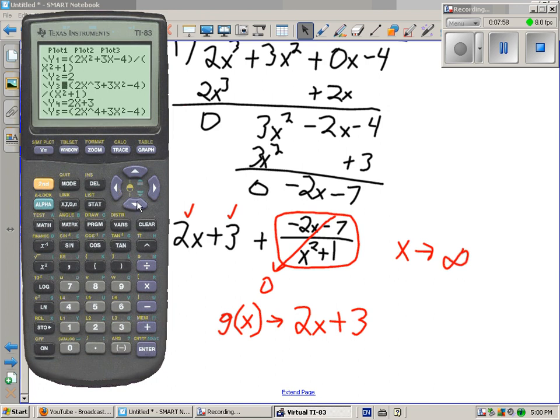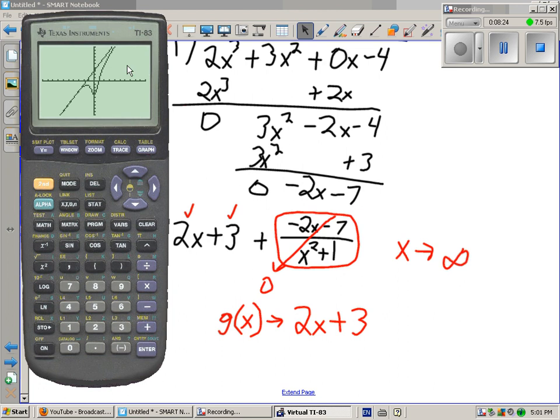I'm going to go ahead and silence those. Now I'm going to do the 2x cubed plus 3x squared minus 4, the one that we just divided out. And I'm also going to plot 2x plus 3, which is what we hypothesized to be the asymptote. When we graph this, here comes our rational function. No vertical asymptote, but as you can see, we have asymptotic behavior, but it's not horizontal.